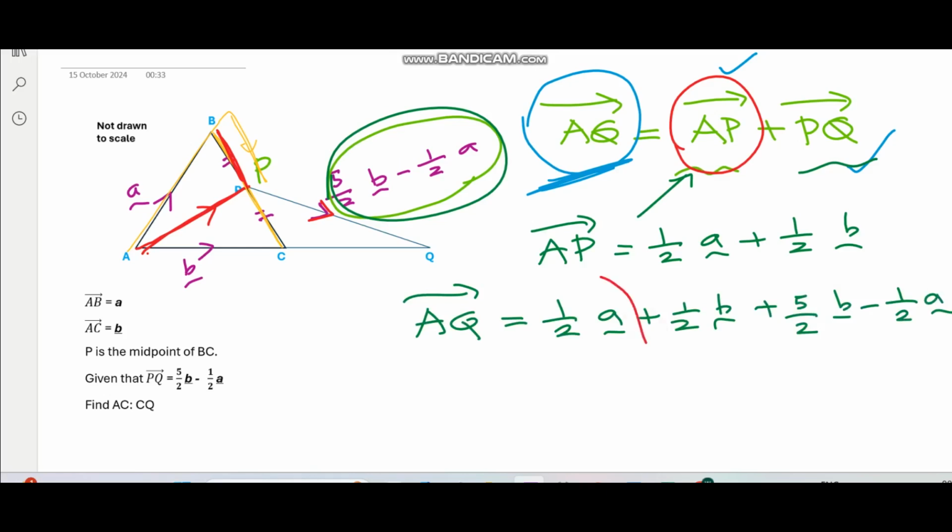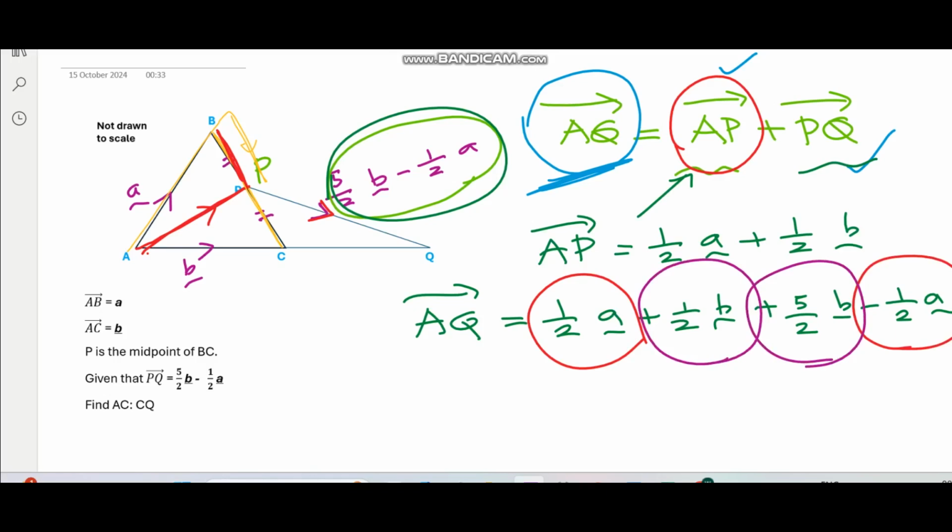Now there's a plus half A minus half A. That cancels out to be a null vector, zero vector. So what we are left with is half B and 2.5 B. That is 3B.